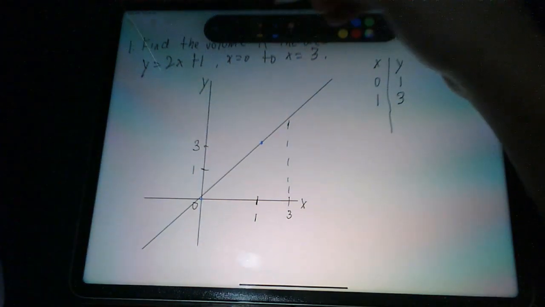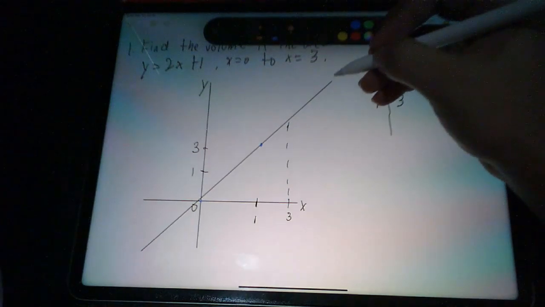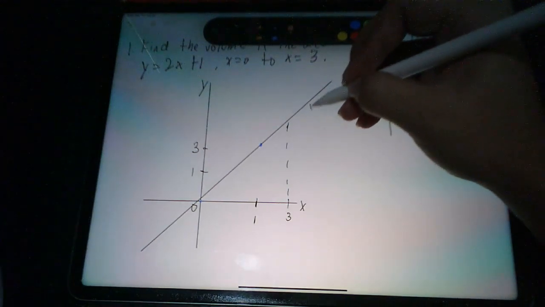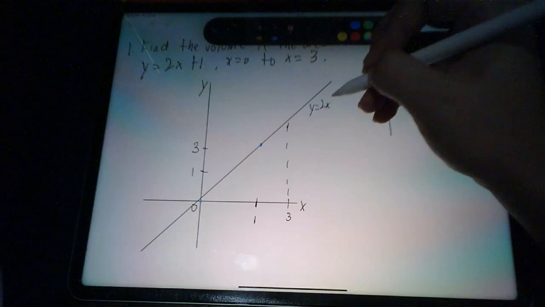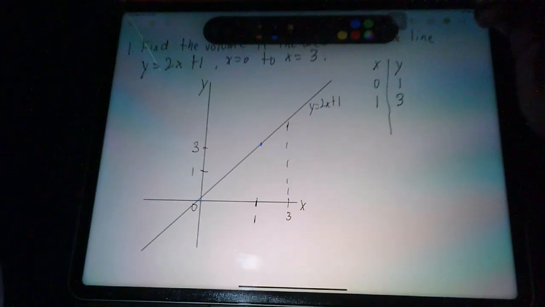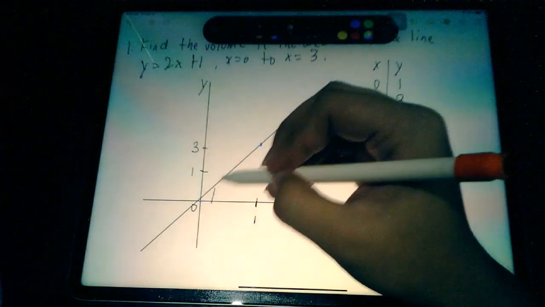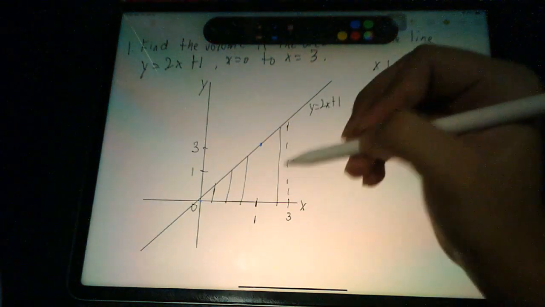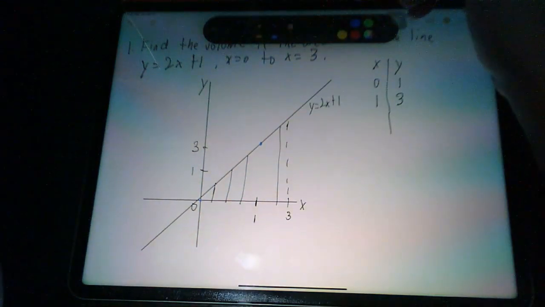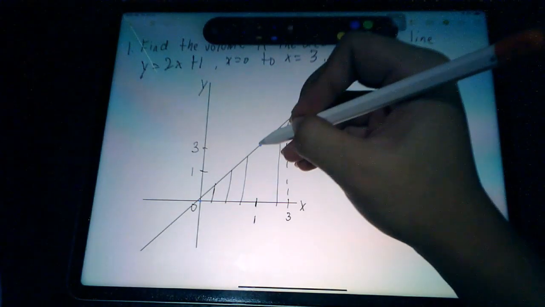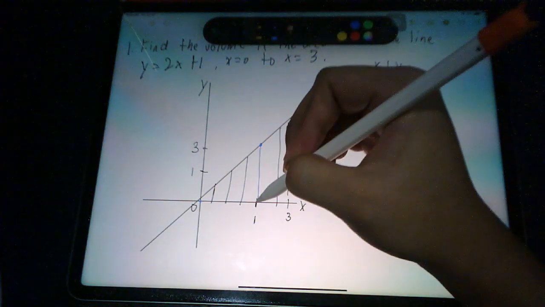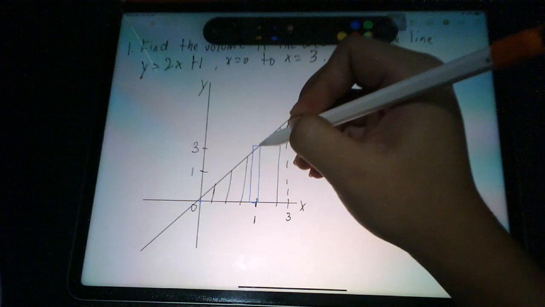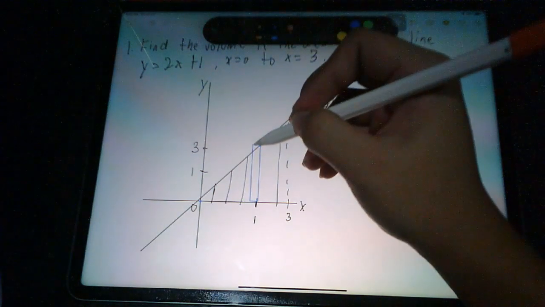Our line here is y equals 2x plus 1, and this is our area of interest. Then we put a point here and draw a vertical strip.